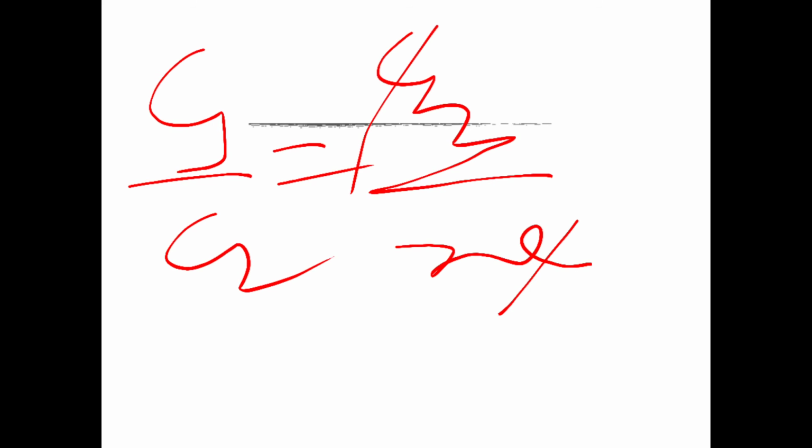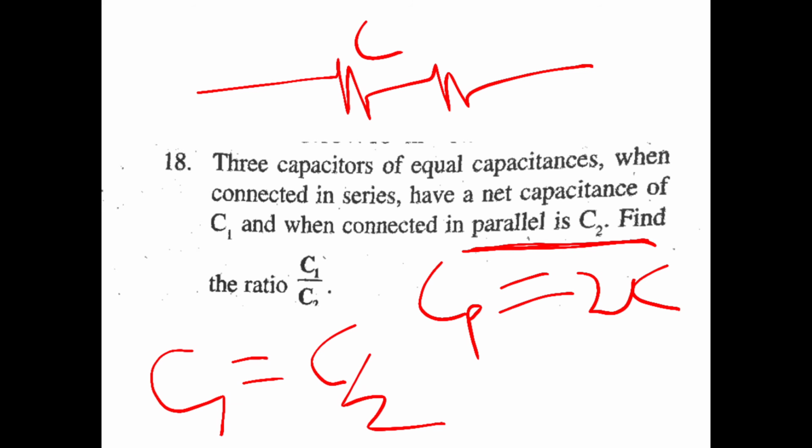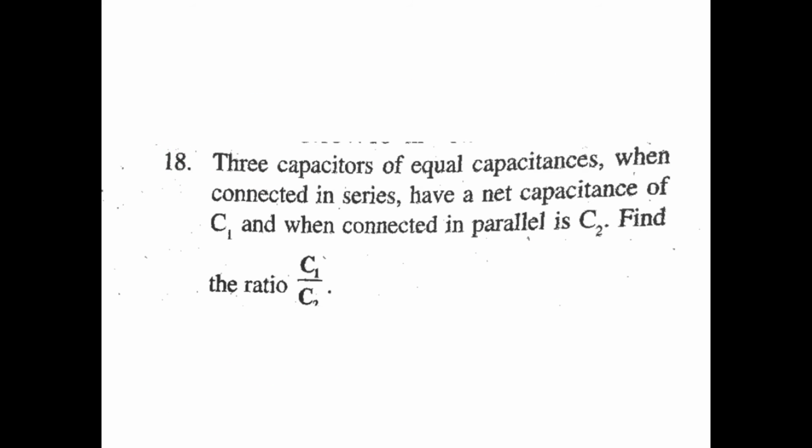C will be cancelled, giving 1 by 4. Sorry, the question gives three capacitors, and I am not seeing that, so I solved this with 2. You can solve this.